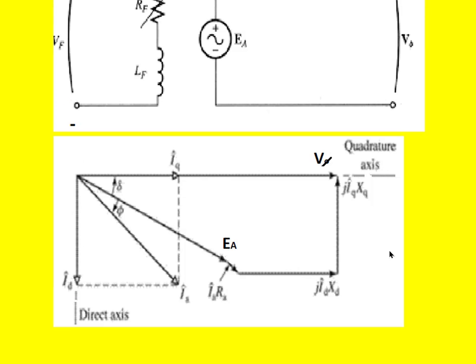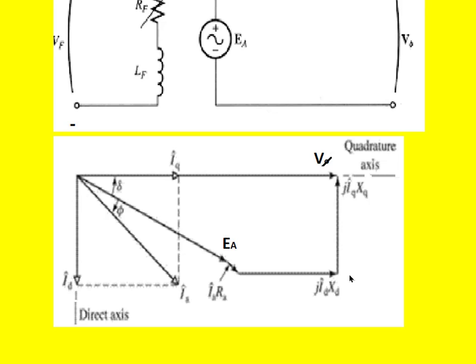Suppose we draw the vector diagram for a salient pole machine. We have to take the quadrature axis reactance and the direct axis reactance and also the respective currents. If you draw the vector diagram for the equivalent circuit on a per phase basis, we get it like this. The applied voltage is V phi, and when we add IQ XQ, the quadrature axis reactance voltage drop, we get this.